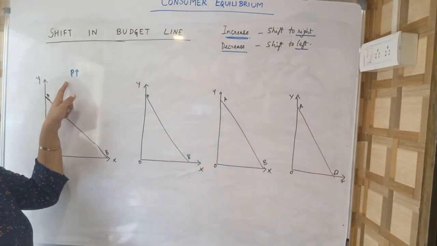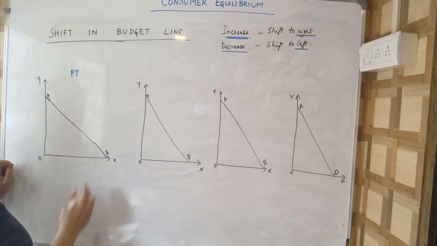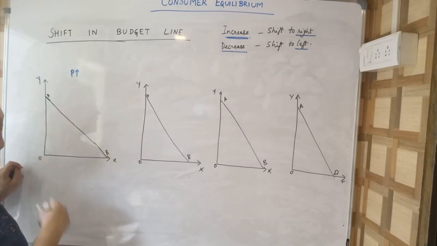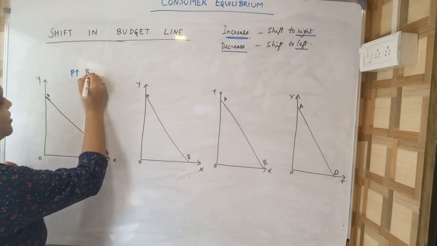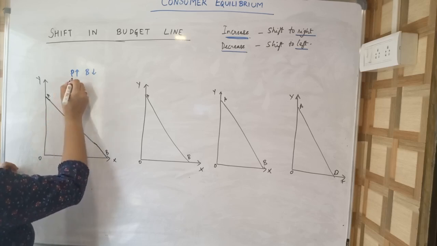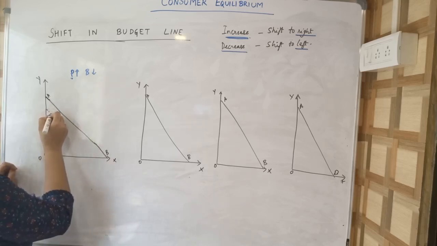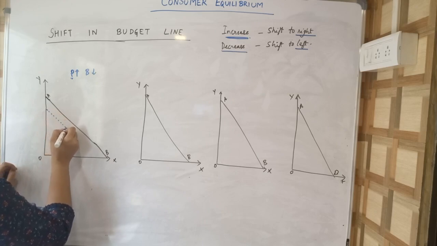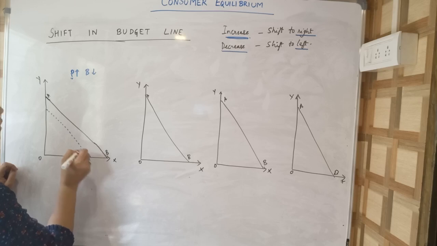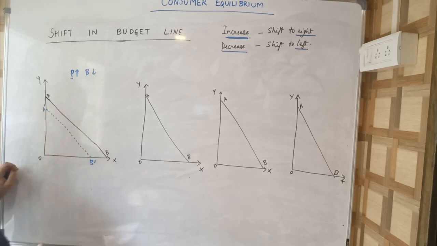Now if the price of the goods increases in the market, then will the budget line increase or decrease? The budget line will definitely decrease. Okay, because the price of the goods is increasing, so the consumer will not be able to afford. So the budget line will shift to the left hand side, A dash, B dash.